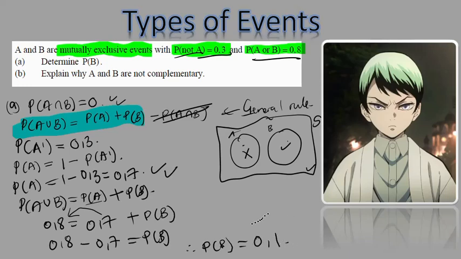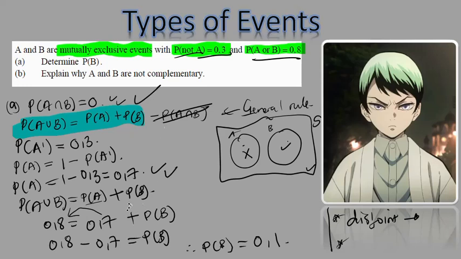See how nice is that? Beautiful. And then part B says, explain why A and B are not complementary. Now, firstly, what do we know about complementary events? They combine mutually exclusive and exhaustive events. First of all, they have to be disjoint, which means they shouldn't have an intersection.